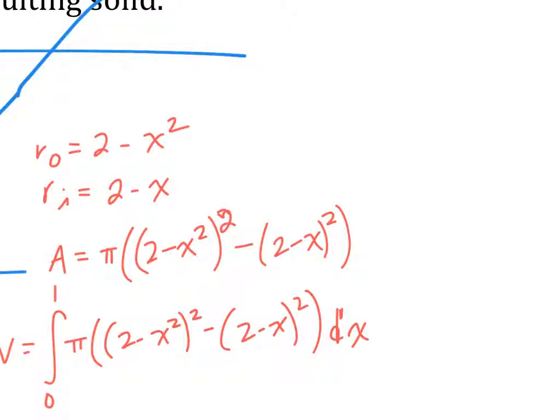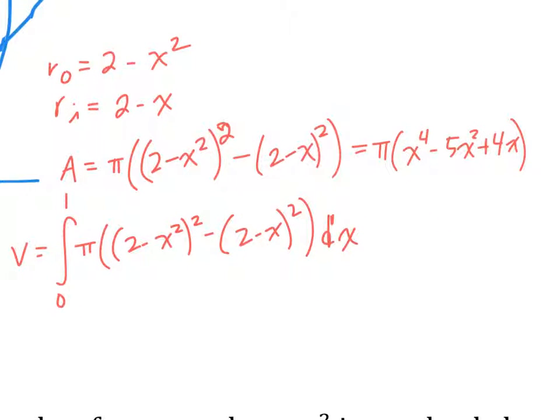All right, so for this area, you want to just multiply it out and simplify. You should get pi times x to the 4th minus 5x squared plus 4x. Okay, and then integrate that.